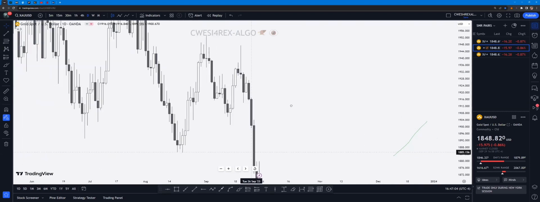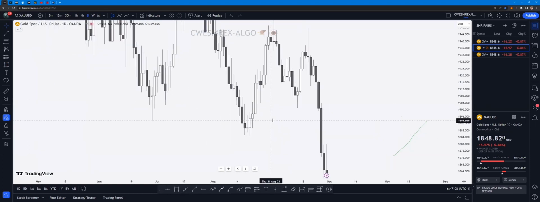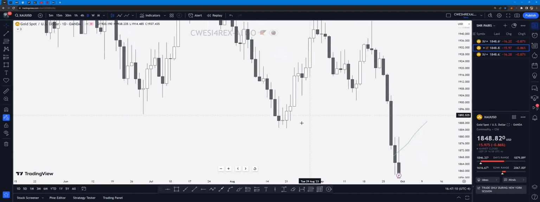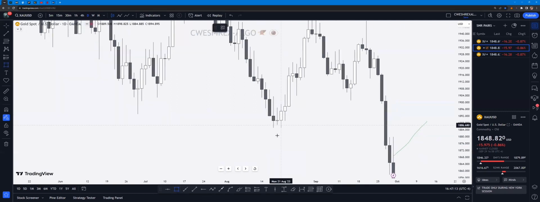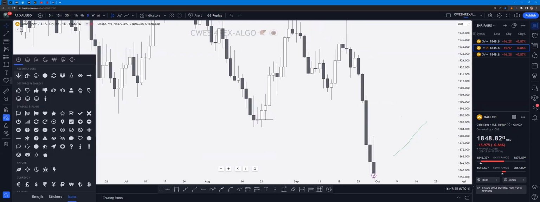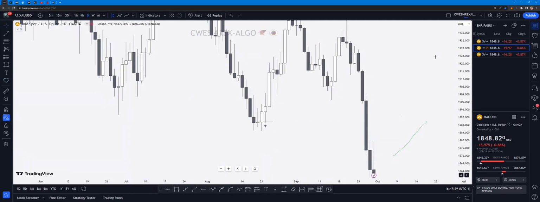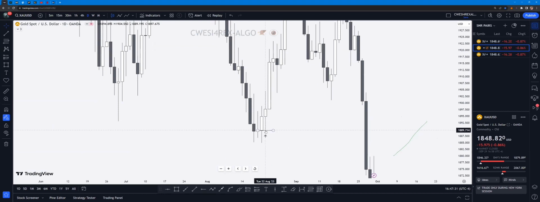So let's say we have a good example. This is a nice example over here. Look at this level. You can see we have this support over here. What happened? We have price coming back to reject this. So over here you can see that we have a bullish daily storyline, starting from here, because we have daily rejecting daily.